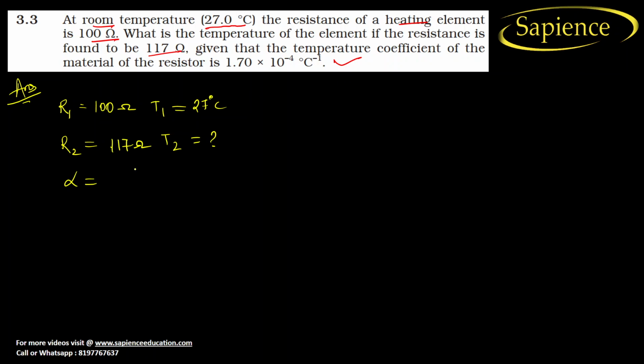They have also provided you alpha, that is the temperature coefficient of resistance of the material, which is equal to 1.7 into 10 to the power minus 4. Now we know that R2 is equal to R1 times 1 plus alpha into T2 minus T1, right?